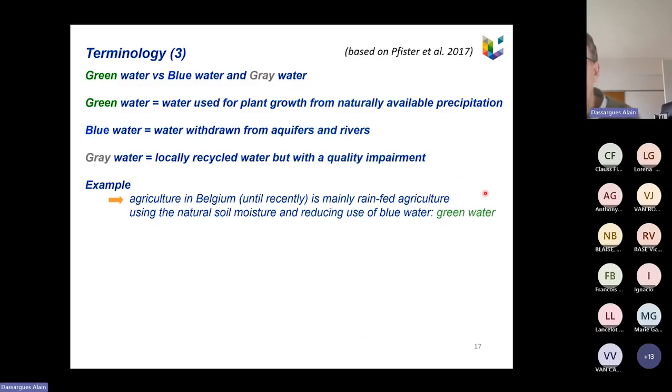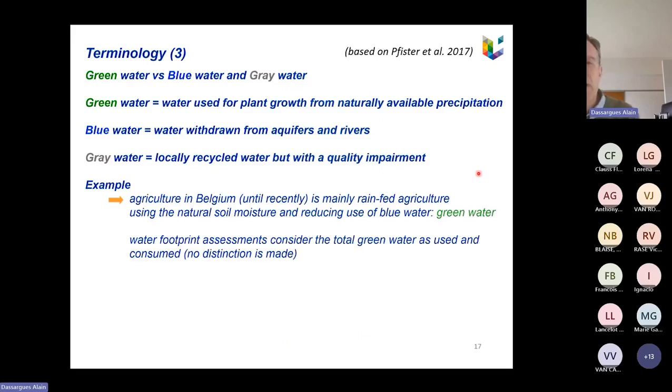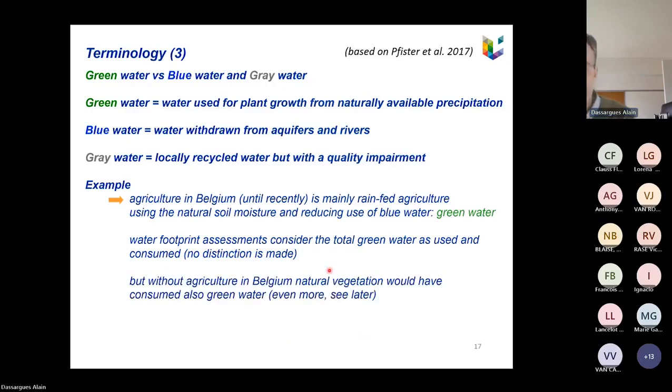So it means that mostly green water is used for agriculture in Belgium, except when we have a very dry summer, and we had that recently. Then irrigation is starting, and irrigation is consuming blue water. So the water footprint assessment considers green and blue mixed. There is no distinction made in water footprint.